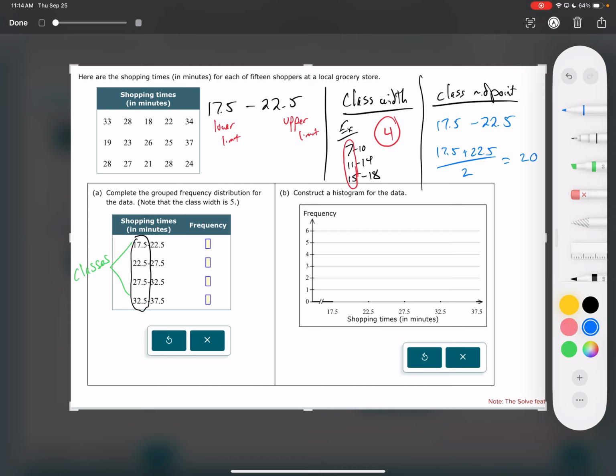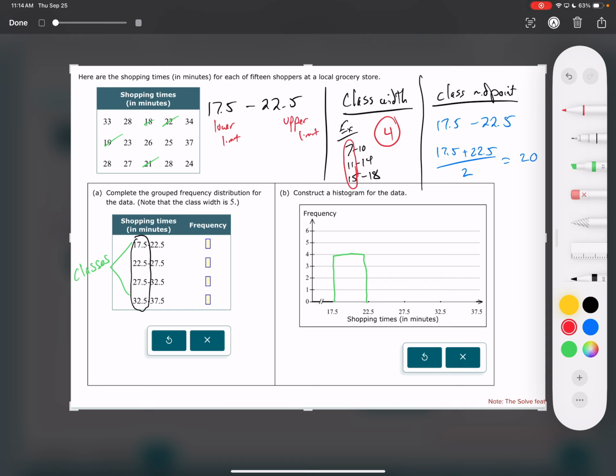All right, let's do this problem now that I've talked a ton about it. So between 17.5 and 22.5, that would be 1, 2, 3, 4 of those. Just like before, you'll take that little hand and drag it up there. Between 22.5 and 27.5.